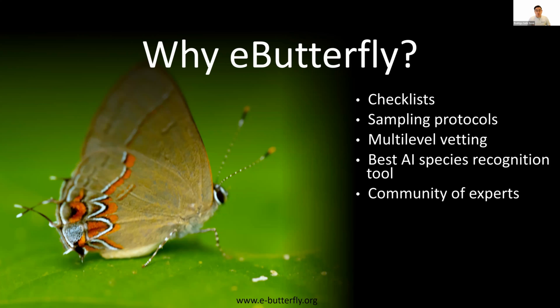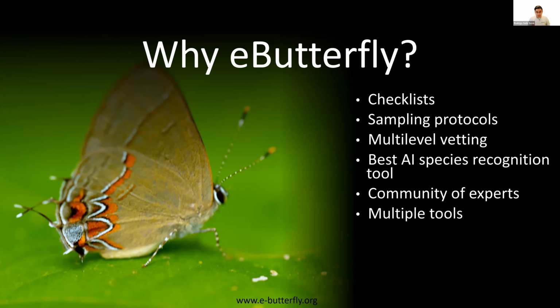Also, we have a great community of experts, people that are committed, again, with what we do, how we do it, and that they just have the know-how, and they are so willing to share it with the rest of the community, to teach how to identify a butterfly, how to approach a butterfly for a photo, for example, and just to share. Our community is great, and so we really hope you can experience it as well.